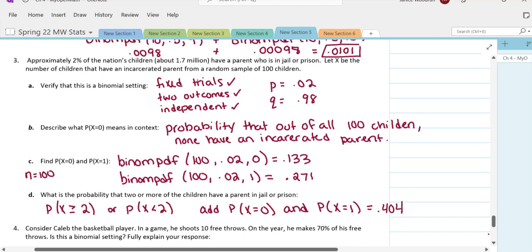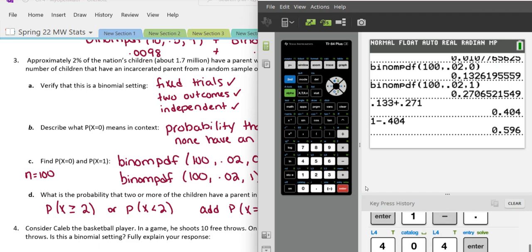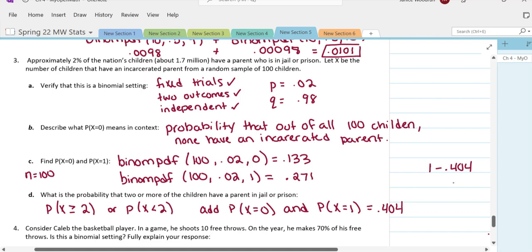This is the probability that fewer than 2 have one, so 2 or more would be 1 minus 0.404, which is going to be 0.596. All right, we are out of time.